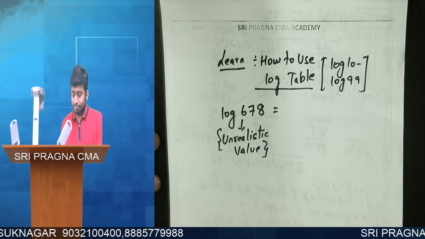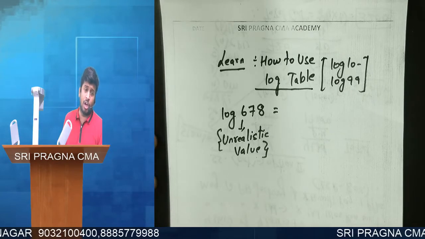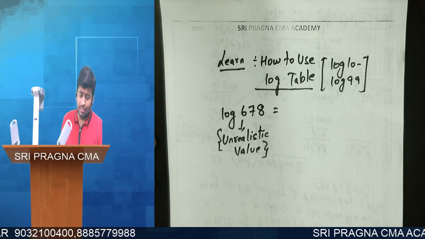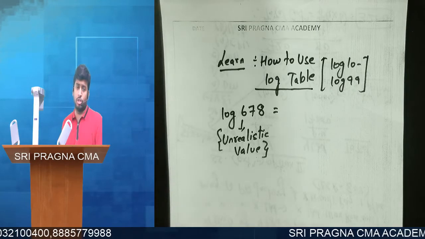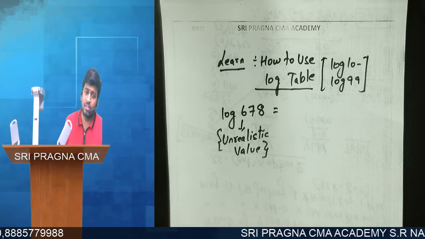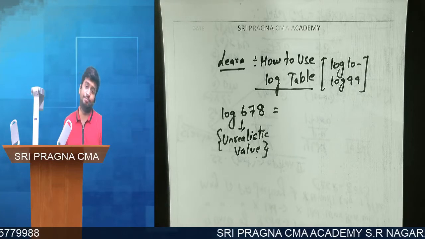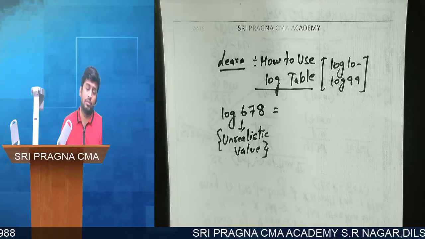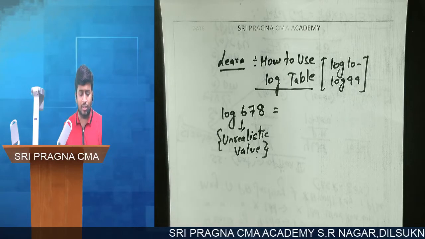First point. How to know the value of log 678? Now, how many digits? We do minus 1.